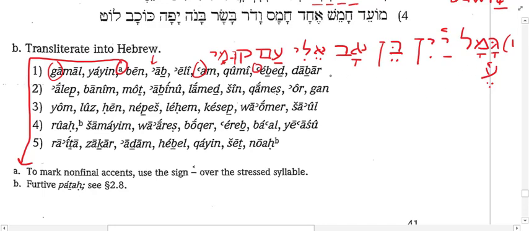Then a bet, a b. There is a line under it. That means there's no dot in the Hebrew bet. Another segol, and then a dalet. And that dalet is also a begad kafat letter, but with a line, so no dot. So eved. It's the word for servant.